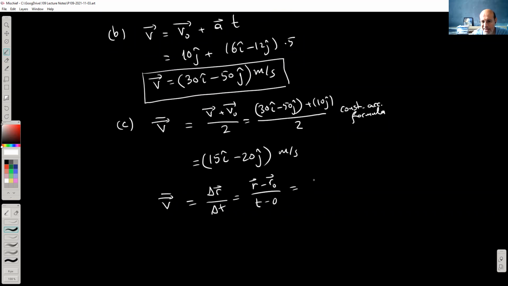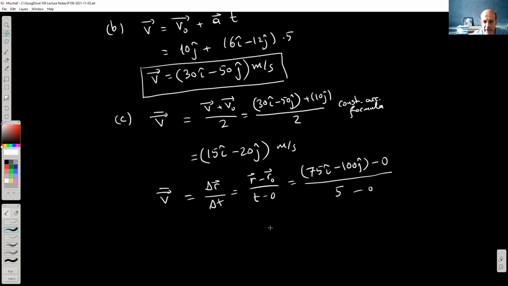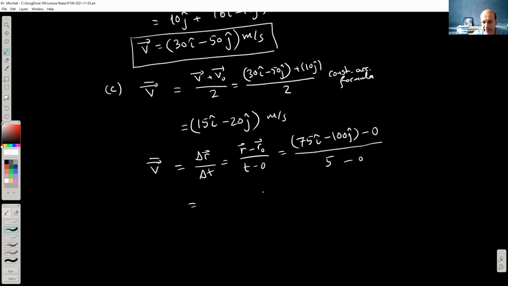The position was 75i minus 100j. Initial position is 0. Final time is 5, so I need to divide this by 5. I just copy the previous answer, assuming that I have done this correctly. So that's meters per second, and both of them are equal, so that's nice.